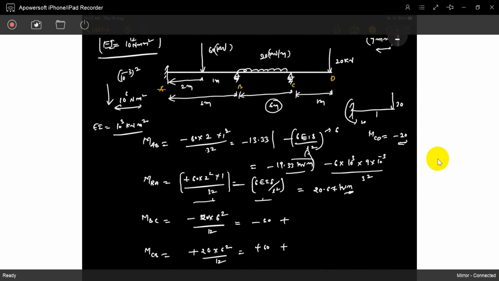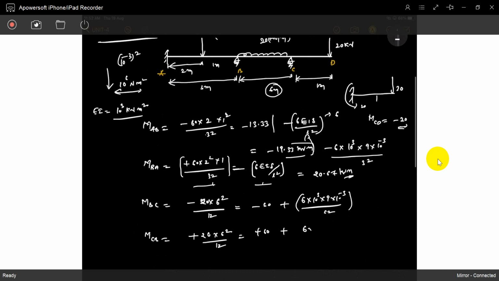So see, length is 6 meters. So now 6, 9, 10 power minus 3, by 6 square. What is that value? So this value is 1.5. Bottom is increasing now. It's 58.5. It's 61.5. That's it now.